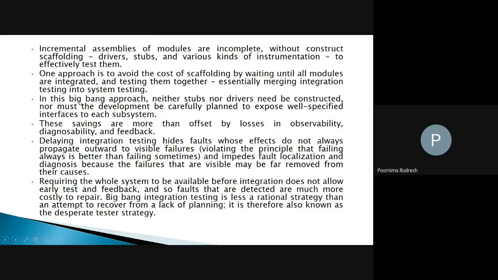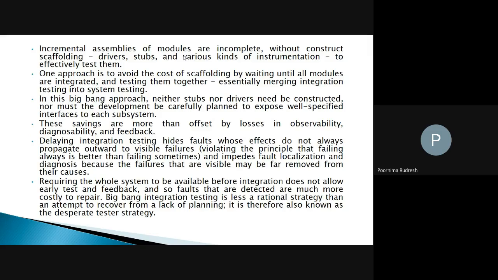In incremental testing, we are not only combining the modules, along with that we are also using the scaffolding, consisting of driver stubs and various kinds of instrumentation. Hence we need to consider all these components together when we are performing the module testing.